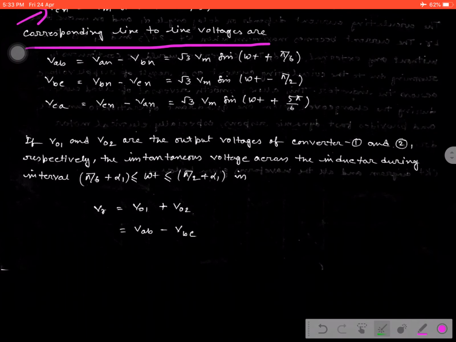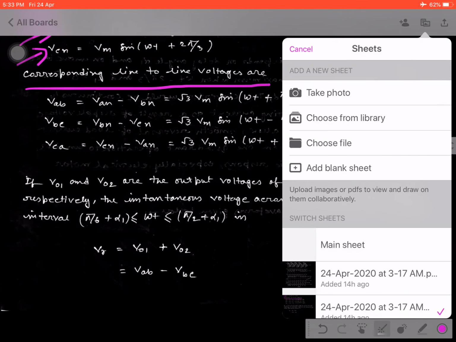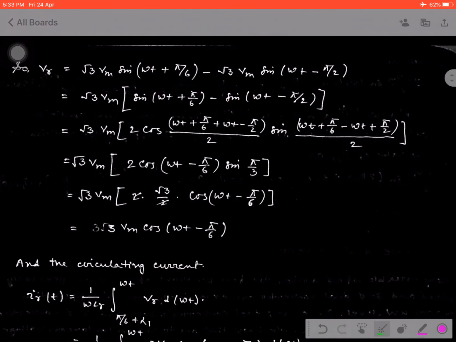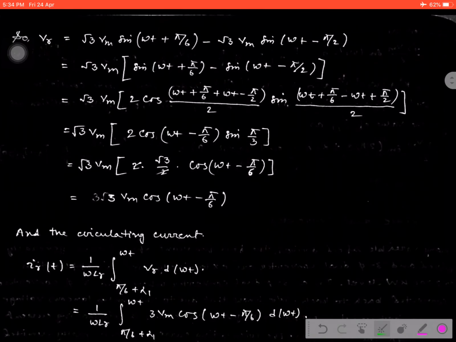That means if VO1 and VO2 are the output voltages of converter 1 and converter 2 respectively, the instantaneous voltage across the inductor during the interval pi by 6 plus alpha 1 to pi by 2 plus alpha 1 will give you VR equal to VO1 plus VO2, or VAB minus VBC. Clear? Okay.